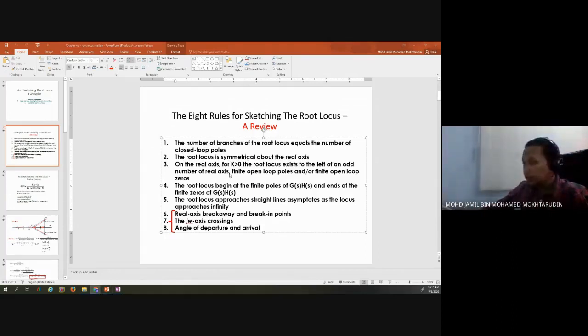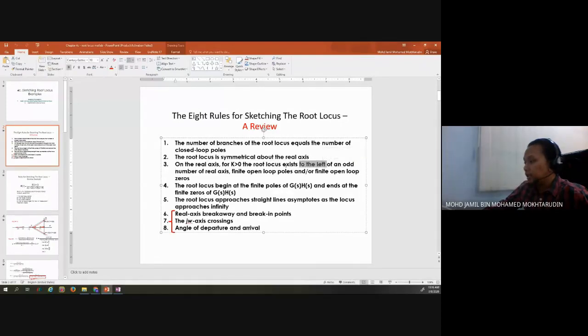Okay, so rule number 3, I've told you in last week's lecture. This rule is quite complicated, but the meaning basically is that the root locus exists to the left of an odd number of real axis poles and zeros. So we take this as to the left.